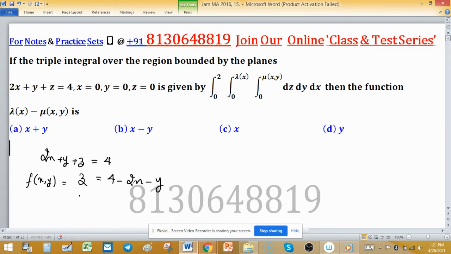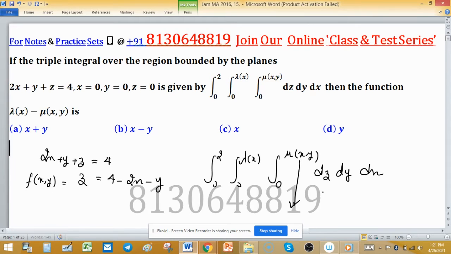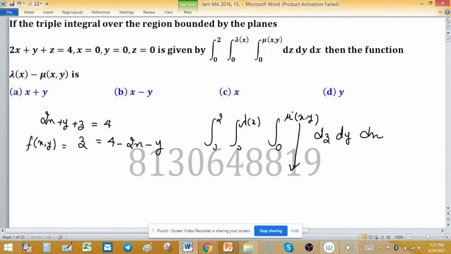Normally we can write z is a function of xy, and this integral 0 to 2 and 0 to lambda x, 0 to mu xy dz dy dx. As mu xy, this expression is saying that variables x and y are used in this integral, so this is the limit of the other variables, this is the limit of z.